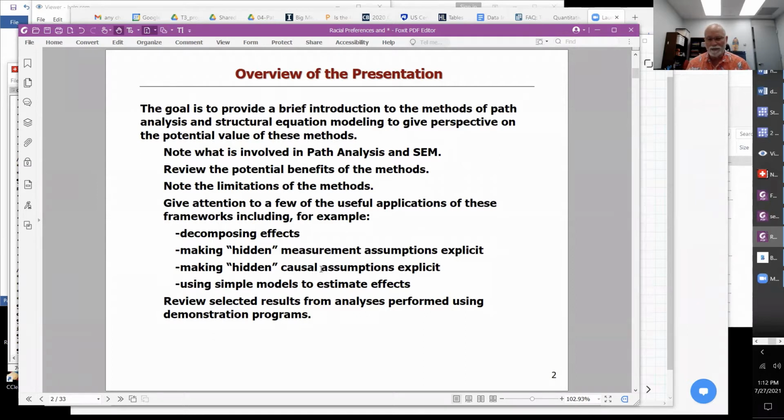There are a lot of hidden assumptions behind any causal interpretation applied to regression coefficients, and the structural equation modeling framework brings those to the foreground and requires you to be quite explicit about what assumptions you're making.